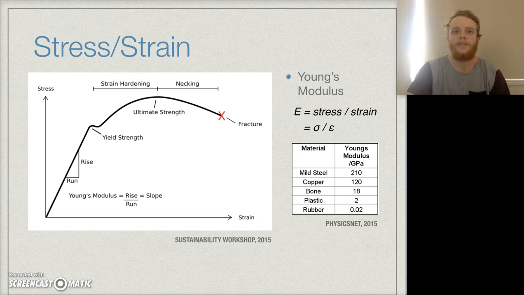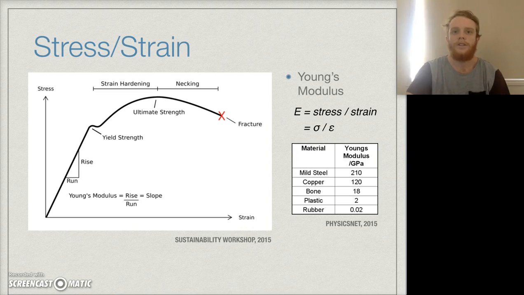Plastic deformation is when the object passes its yield point and begins to move into the strain hardening and necking phase. At this point, the object begins to deform rapidly relative to the stress it's experiencing, until it eventually breaks. This can be seen in the stress-strain graph, which shows the relationship between the two.